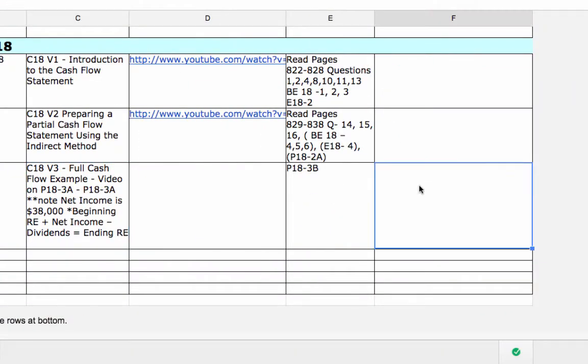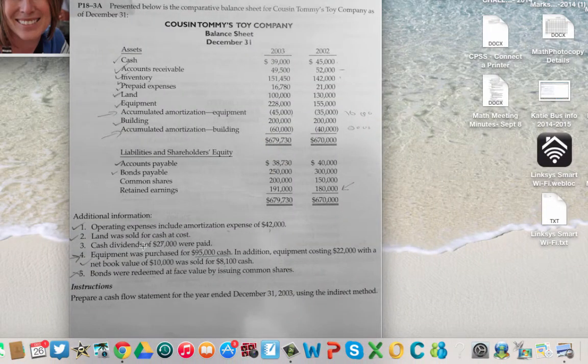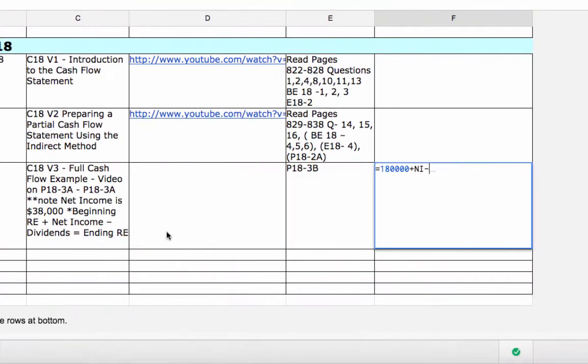Let's do this in a special spot in the cash flow statement. Let me just type this out here. We would have had $180,000 plus net income, minus any dividends. Let's see what the dividends are. It says cash dividends of $27,000 were paid.